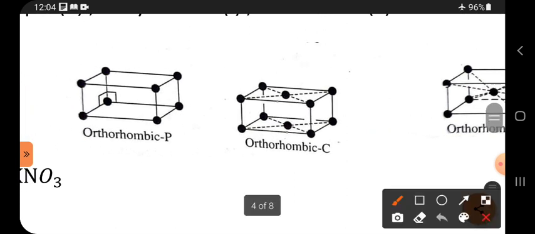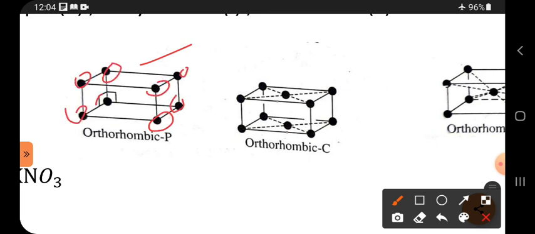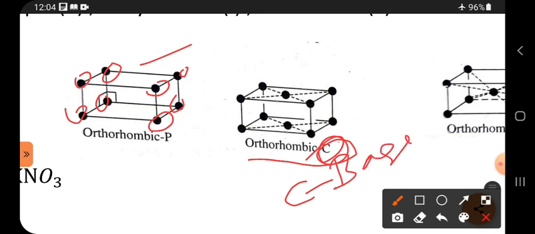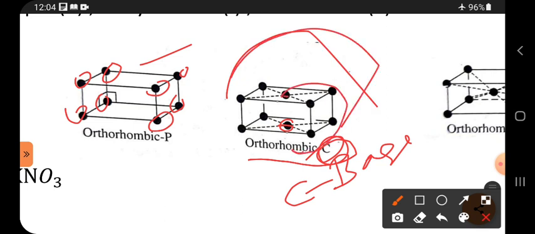This is a primitive or simple one. A simple one contains eight lattice points at the eight corners. But in the orthorhombic C, C stands for base centered, with a point at the center of the base. If you turn this so that this comes downside, then that is base centered.